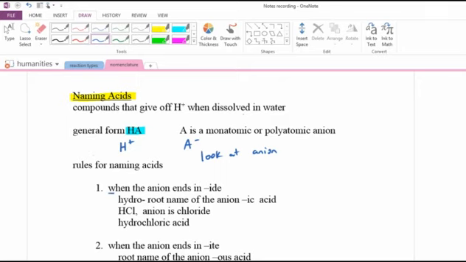So, if the anion ended in IDE, you put hydro on the front of the name, change the ending to IC, and add the word acid. So this is for your monatomic anions.